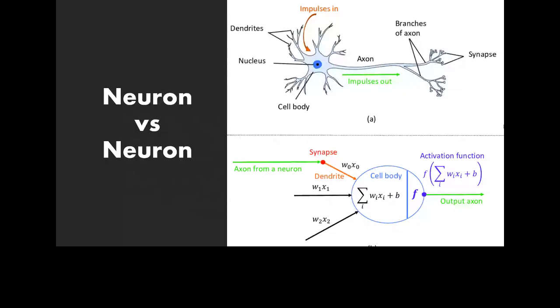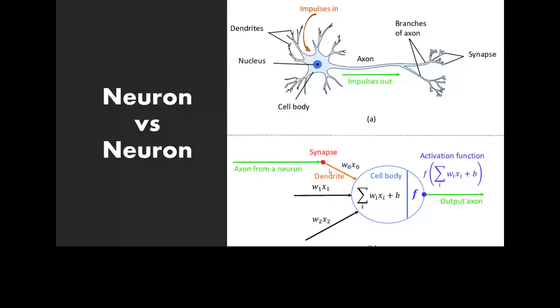There are a few things here in the artificial neuron which might not make sense yet, but let's see. There are W0, W1, W2, which are called the weights, the weight connectors, and X0, X1, X2 are the inputs. What a neuron does is take the weighted sum and then add the bias.